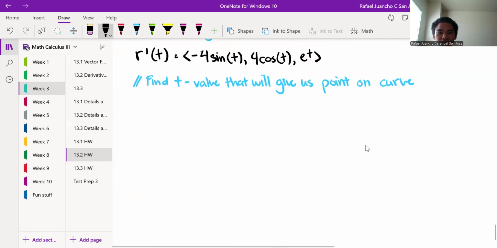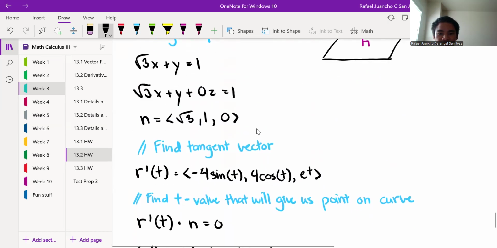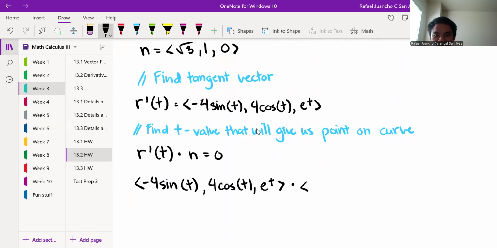And so if we do that, we get this: negative 4 sine t, 4 cosine t, e to the t, dotted with square root of 3, 1, 0. And this should be equal to 0.